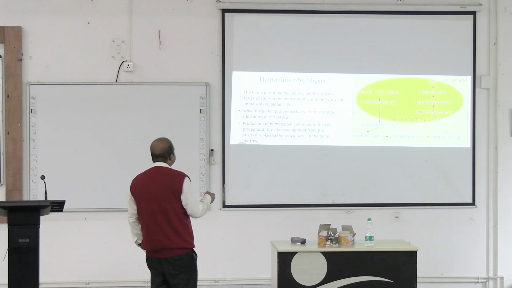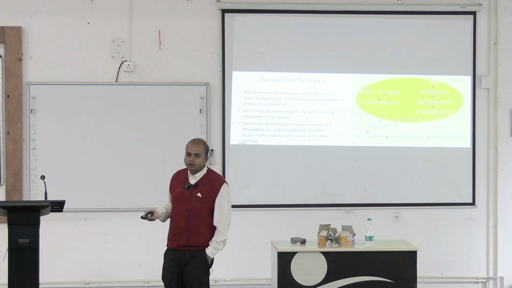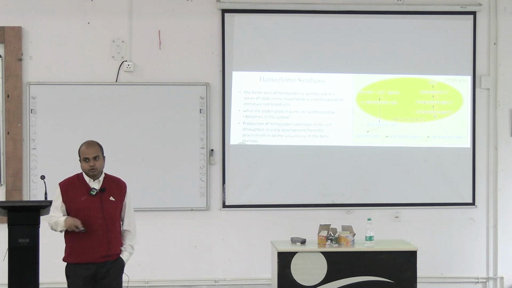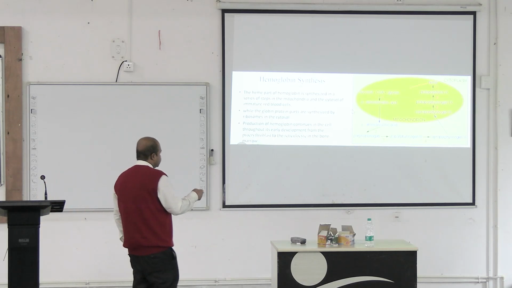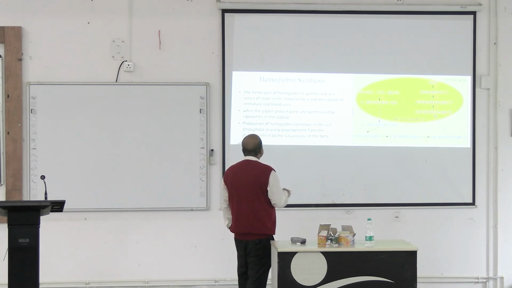maturing RBCs. The heme part of hemoglobin, does adult RBC contain mitochondria? Sorry, adult means mature RBCs? No, it is the maturing RBCs. Maturing RBCs lose their nucleus and mitochondria just before the formation of the penultimate stage, the reticulocyte. We studied that during erythropoiesis, but during maturing, this mitochondria is important. These steps occur in the mitochondria.